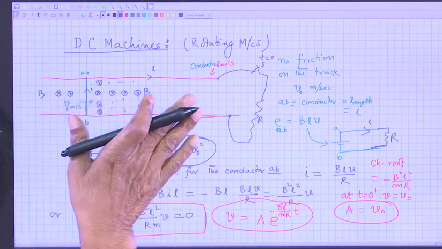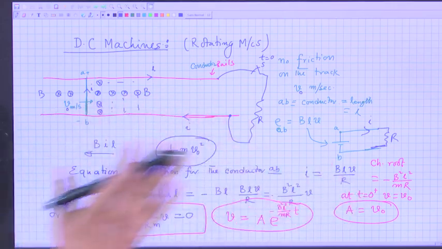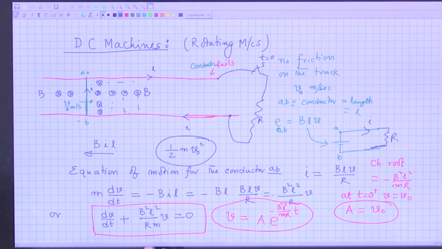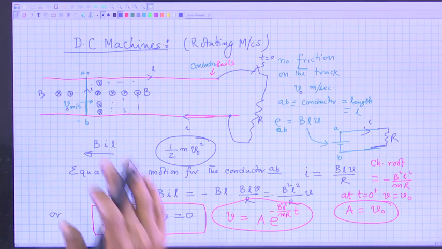Whoever is pushing that conductor with that force which is equal to BIL, it will do that work.